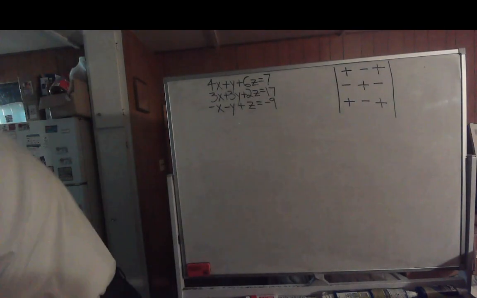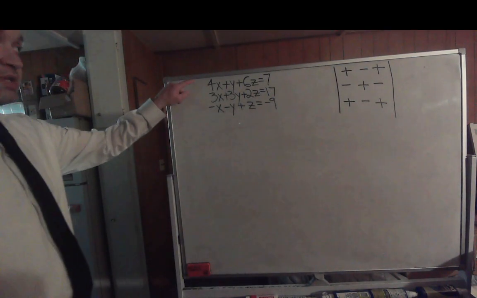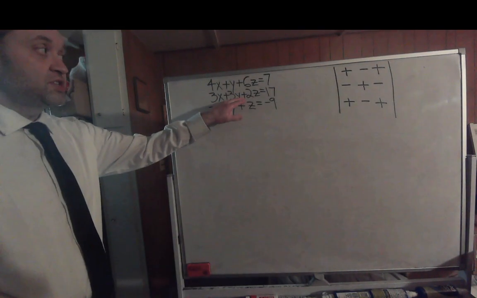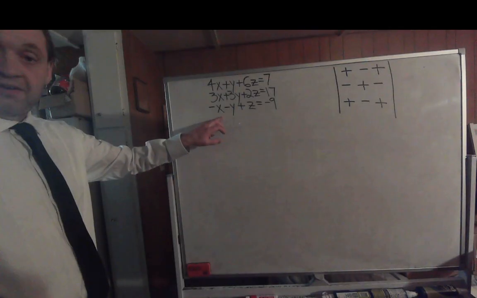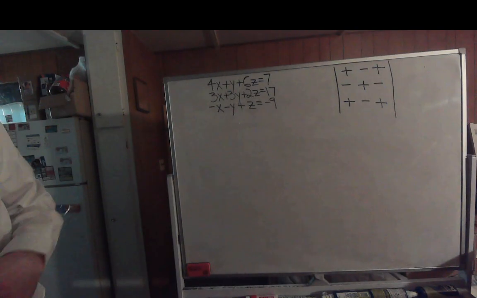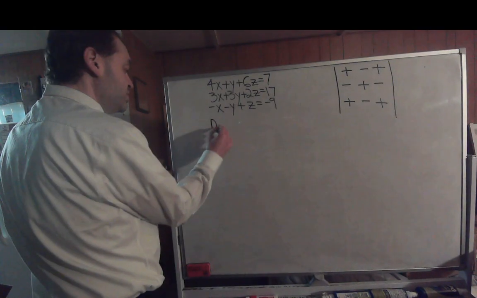So we have our very next system here: 4x plus y plus 6z equals 7, 3x plus 3y plus 2z equals 17, negative x minus y plus z equals negative 9. First thing we've got to do is find our D, which is just the coefficient determinant.